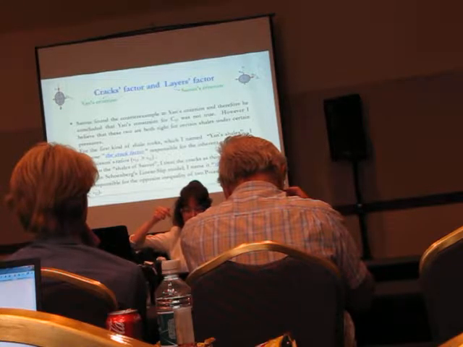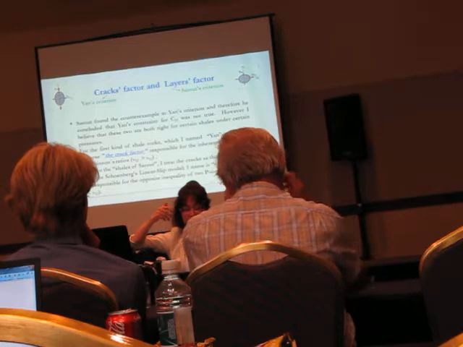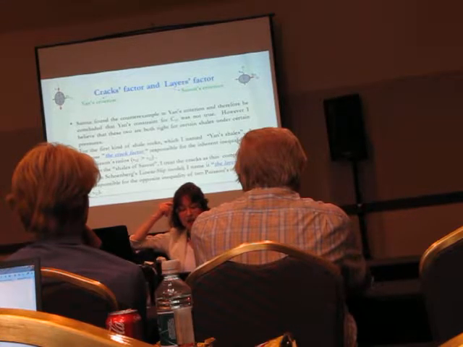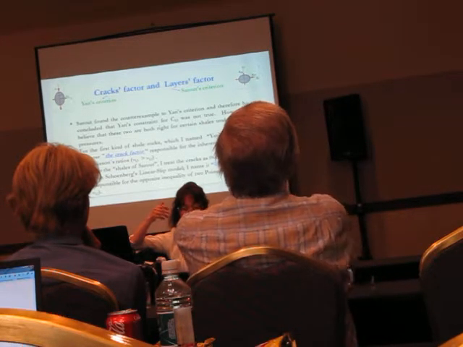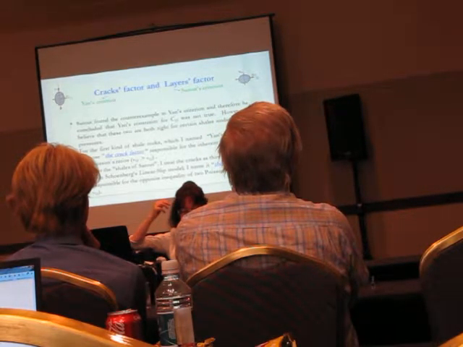For the first kind of shale rocks, which I named Yan's shales, I suppose the crack factor is responsible for the inherent inequality of these two Poisson's ratios. And for the shales of Saru, I treat the cracks as thin compliant layers, as in Schoenberg's linear slip model. I name it the layer factor, which is responsible for the opposite inequality of two Poisson's ratios.